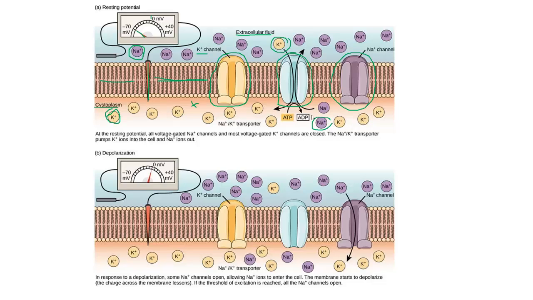However, the inside is more negative because you have more proteins. I'm sorry for my bad handwriting here. I'm trying to write with my mouse. The inside is more negative because you have proteins which carry a negative charge.